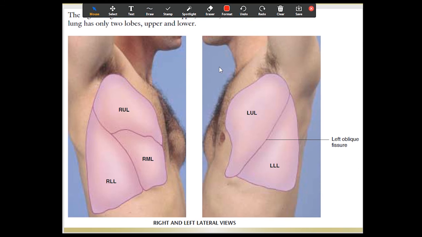This picture is just looking from the side. So certainly this is the right side of the lung. We say it has 3 lobes: 1, 2, 3.